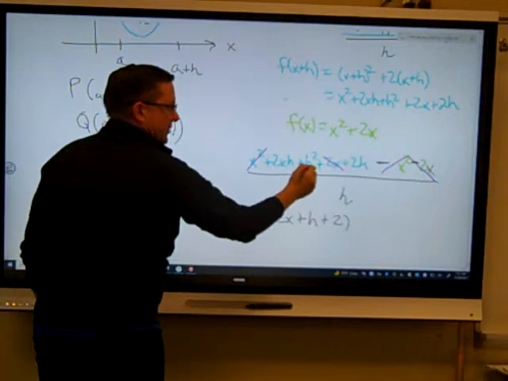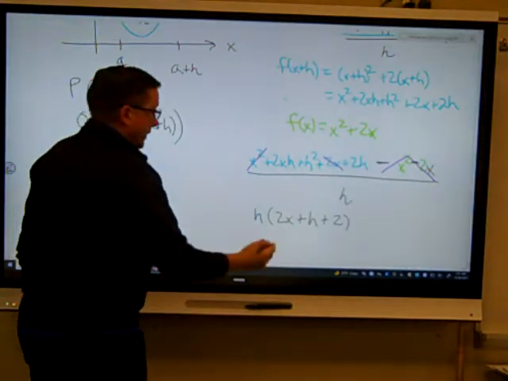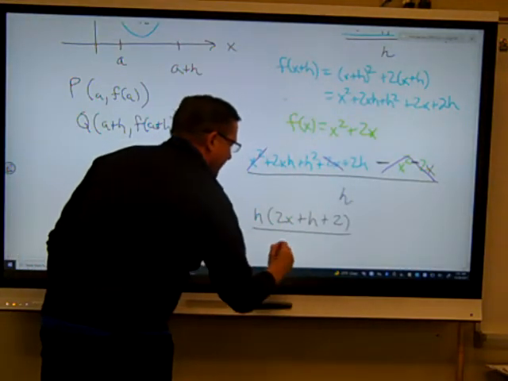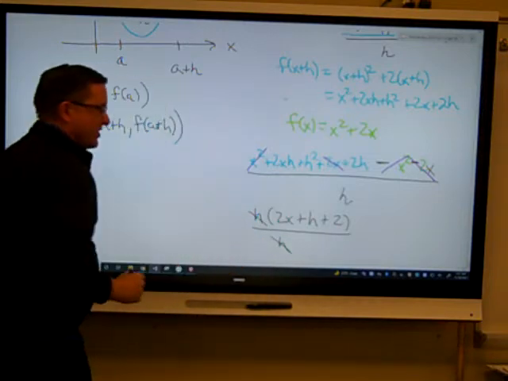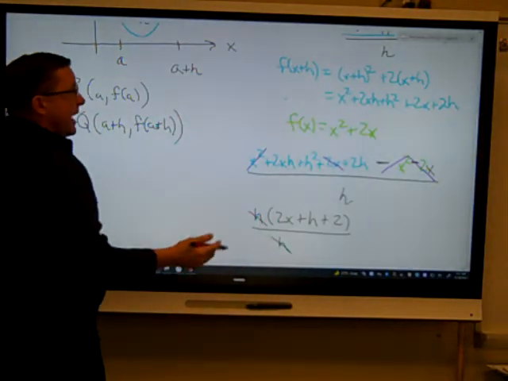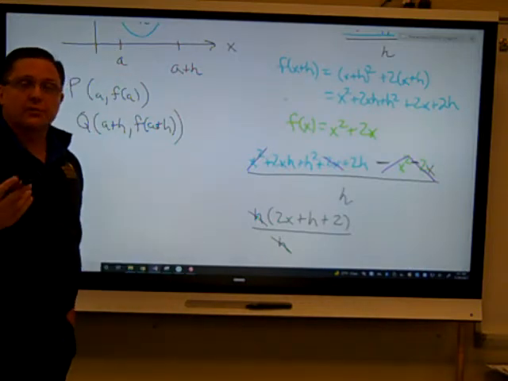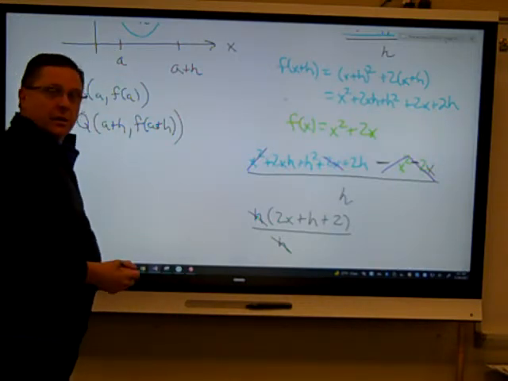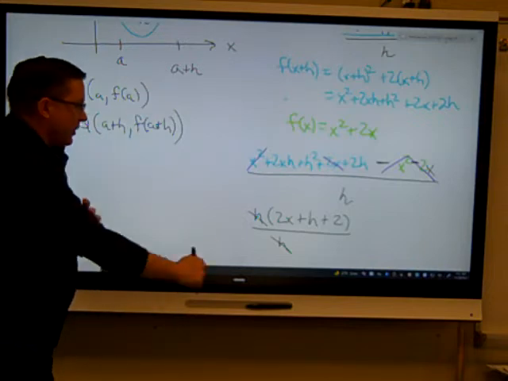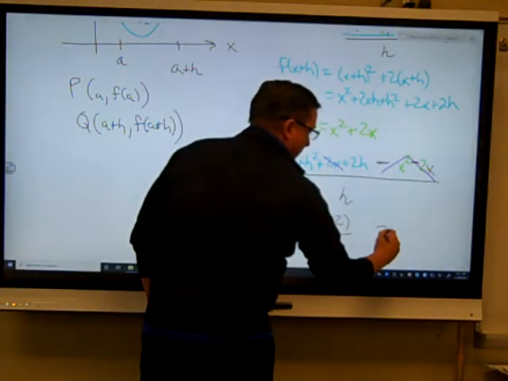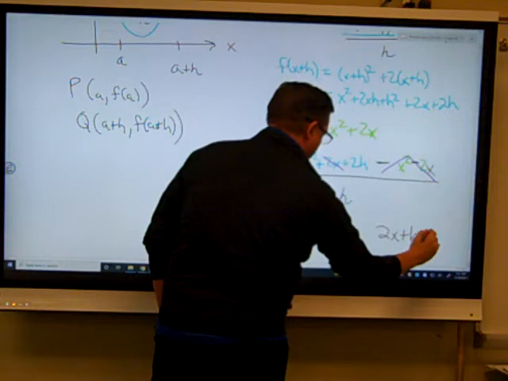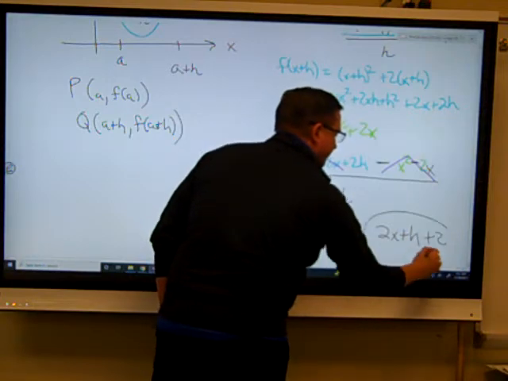Because I took this h and this h out. Okay, just one of them. That's still over h. Now I can cancel an h because it's h times. And so my solution, all right, for this, in terms of x and h, for the average rate of change on this curve is 2x plus h plus 2.